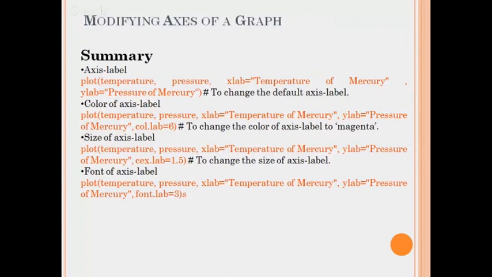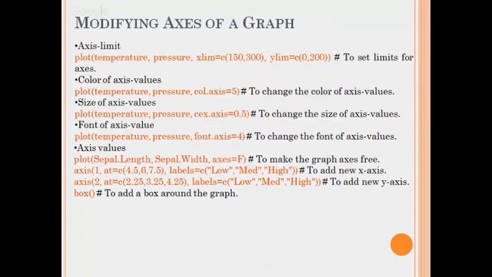So this is a summary of the things that we have applied to the axes of a graph. We have done axis labels. You can see how to add the x label and y label command arguments. Then we have done the color of the axis label, using the col.lab argument. Then size, done using cex.lab, and the last one, font.lab.